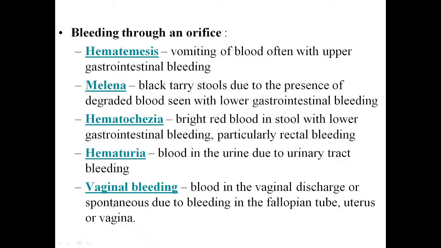And vaginal bleeding is blood in the vaginal discharge, all spontaneous, due to bleeding in the fallopian tube, uterus, or vagina. These are the symptoms, and in the slide you can see how they are called.